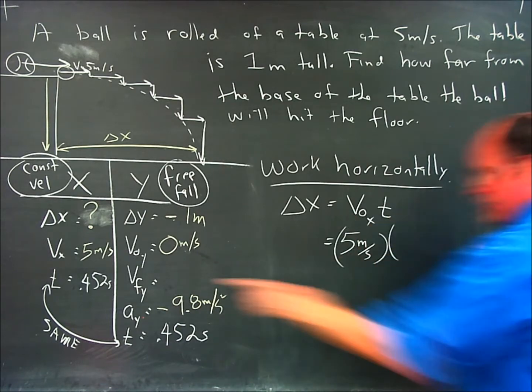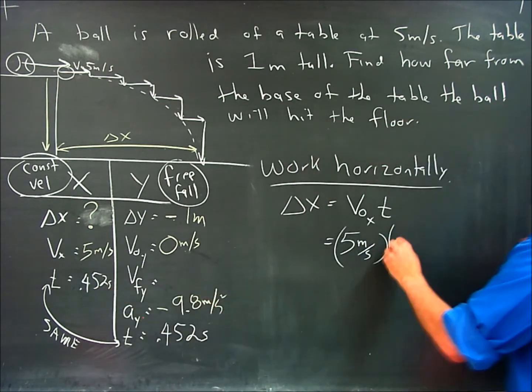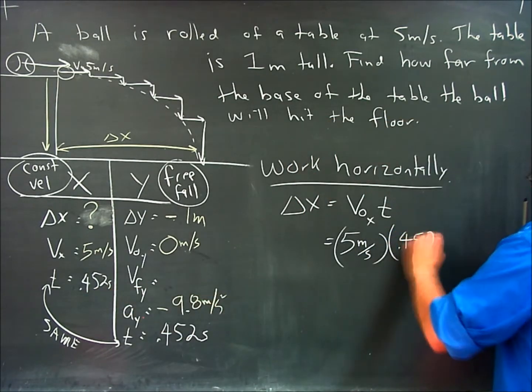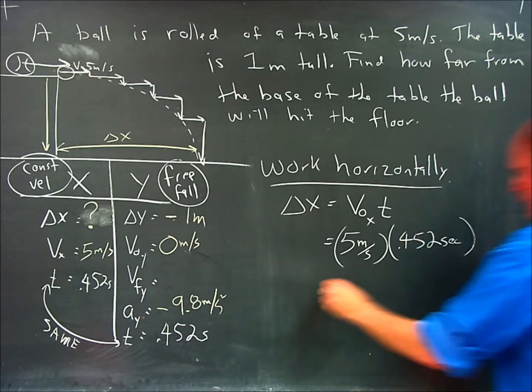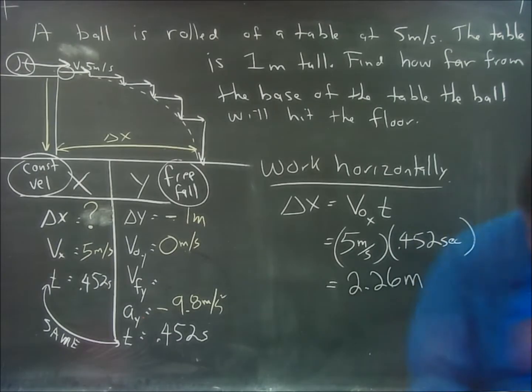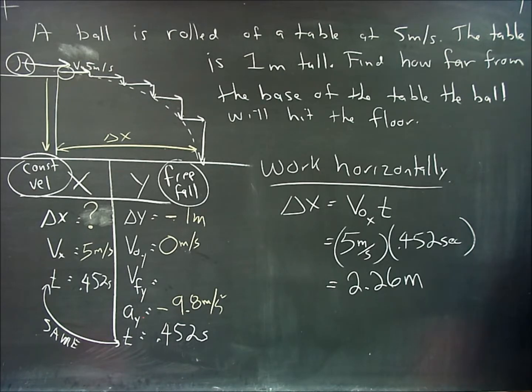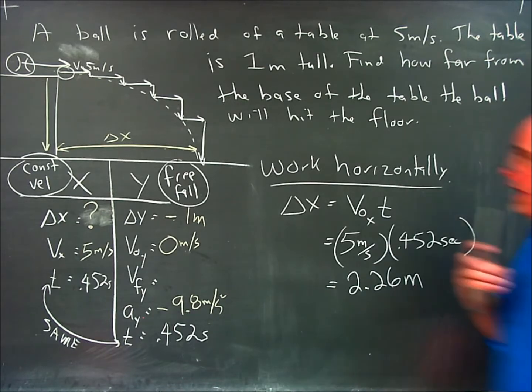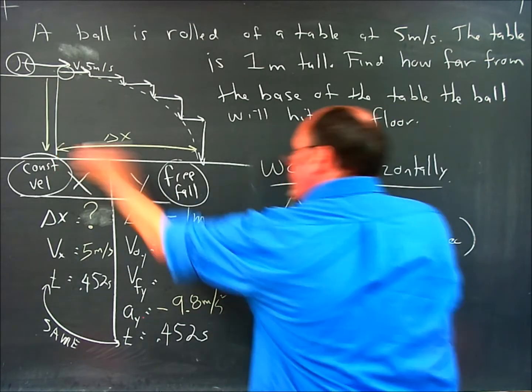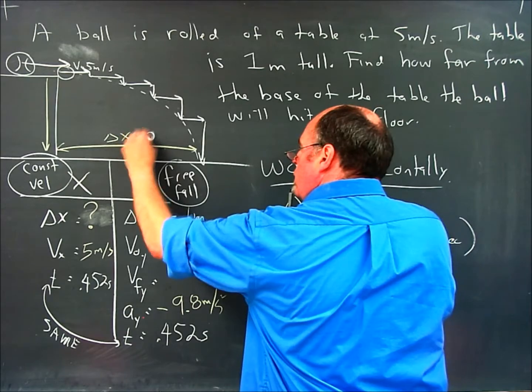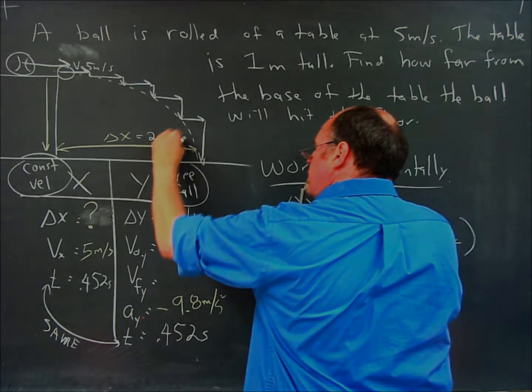And we just figured out the time was 0.452 seconds. So if I multiply those, it comes out to be 2.26 meters. And that's telling us how far the ball will land from the base of the table. 2.26 meters.